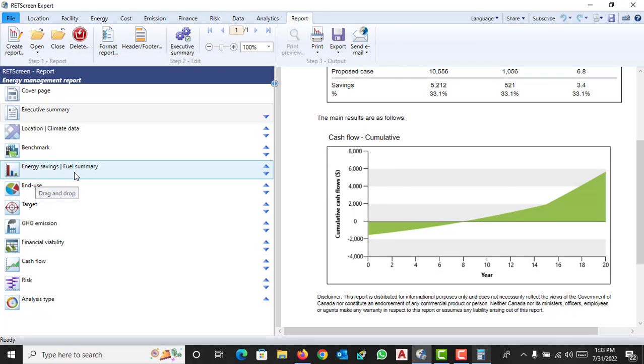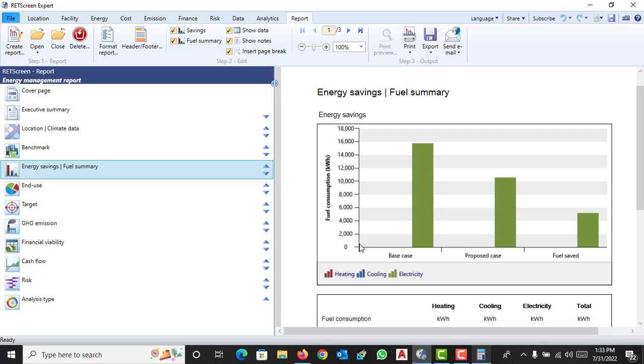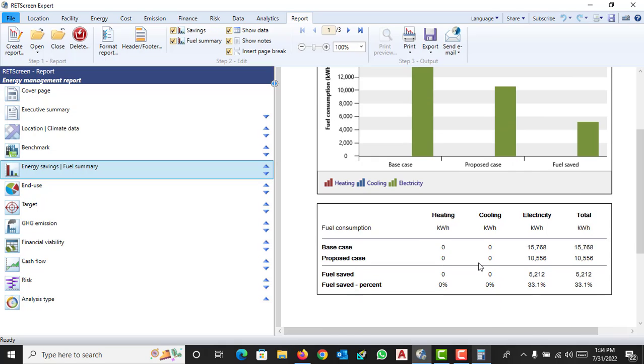So this is the total summary, and next you can see the energy consumption, energy saving, and fuel saving. In the base case, your consumption was about 15,800 kilowatt hours, and in the proposed case you have reduced your consumption to about 11,000 kilowatt hours per annum.